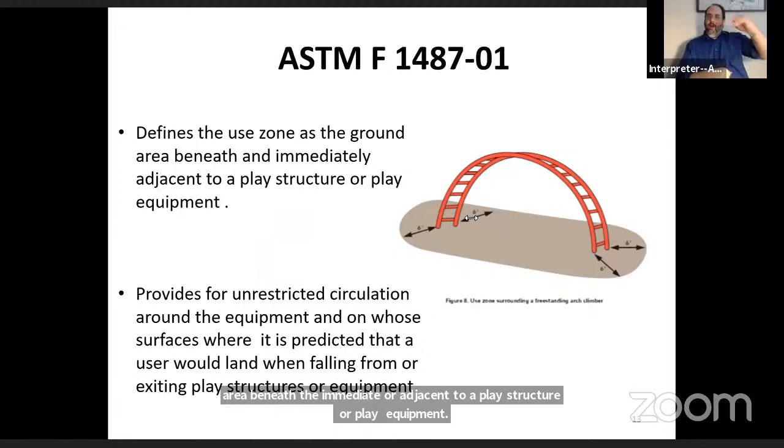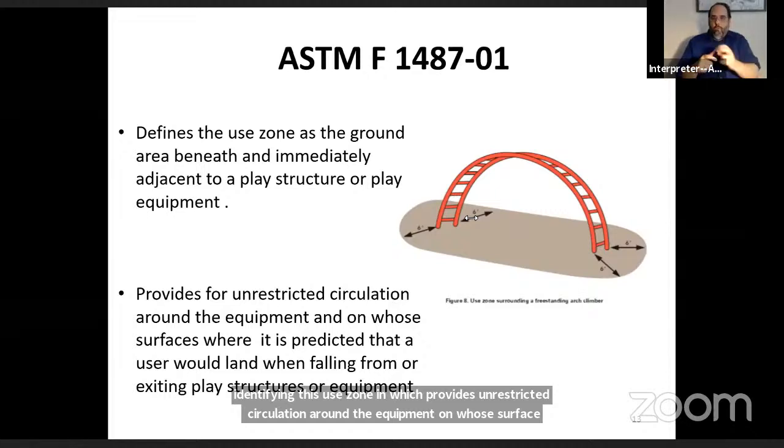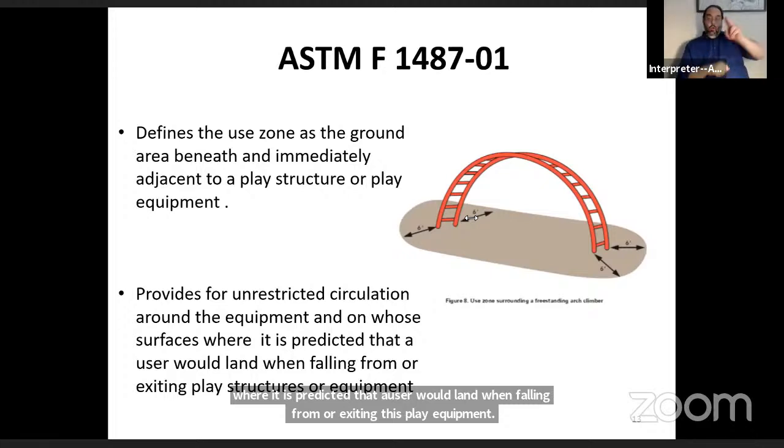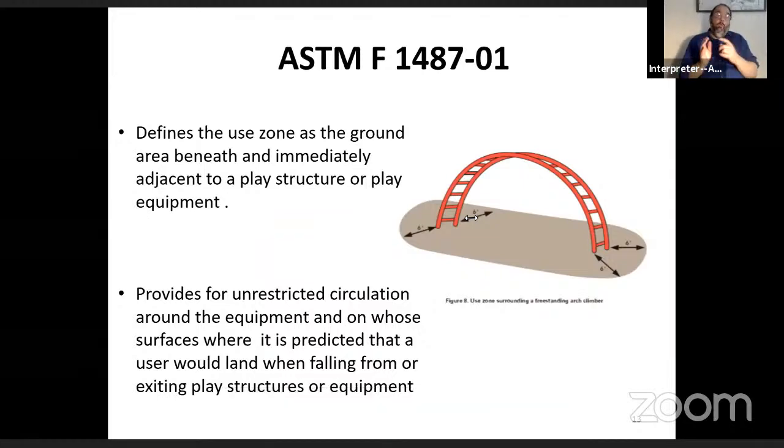That's a ground level play component, and it's identifying this use zone, which provides unrestricted circulation around the equipment, on whose surface it is predicted that a user would land when falling from or exiting this play equipment. So based on how high it gets, this use zone may get larger around the piece of equipment. That's identified in ASTM 1487. It's only one of the features identified by that reference standard, but the most important one we're talking about today.